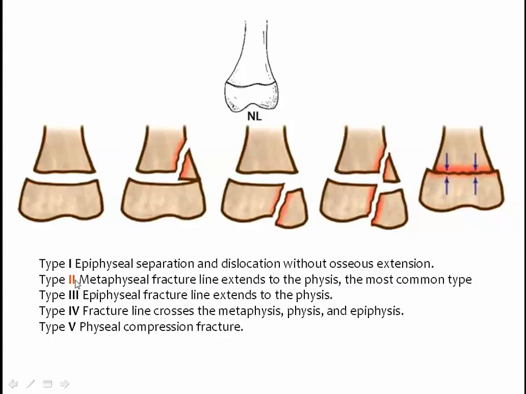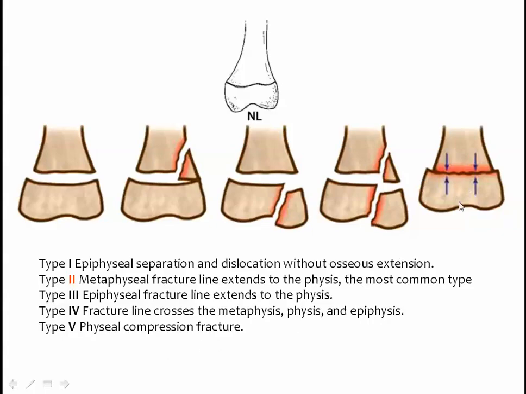And type 2, there is metaphyseal fracture that extends to the physis. This is the fracture line. And type 3 is epiphyseal fracture that also affects the physis. And type 4 is the fracture affecting the metaphysis and the epiphysis across the physis. Type 5 is physeal compression fracture.